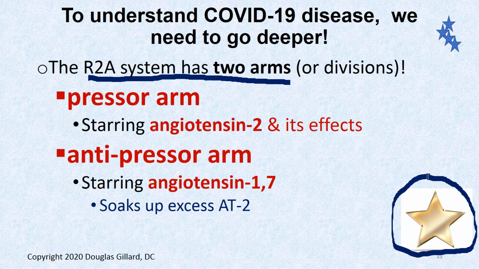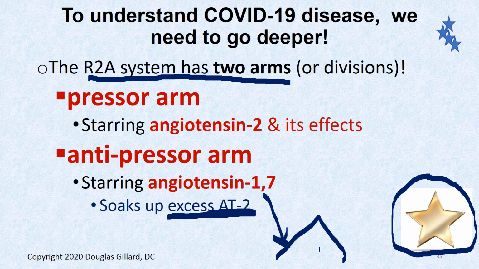You should really call it angiotensin 1-7. And what's its basic job? Its basic job is to soak up excess angiotensin II. It can also bind to its receptors on cells, called MAS receptors, and it stimulates just the opposite effect of angiotensin II.